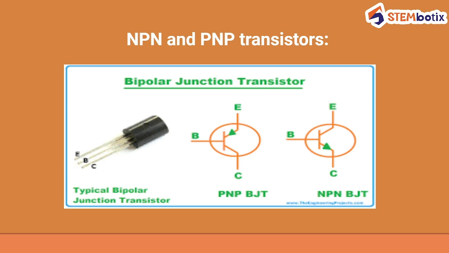As you can see, NPN and PNP transistors look alike, so you have to check whether it is NPN or PNP by checking the number written on it. You can differentiate a transistor just by checking the number written on the resin case.